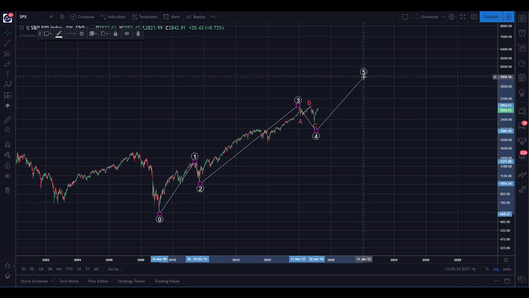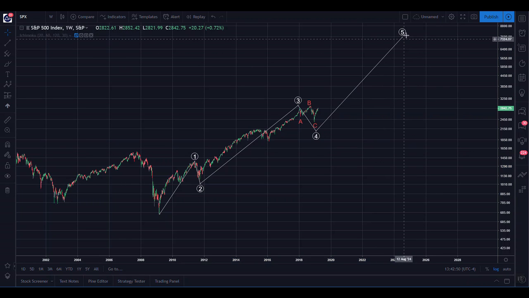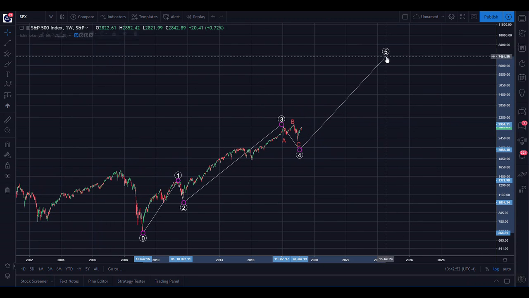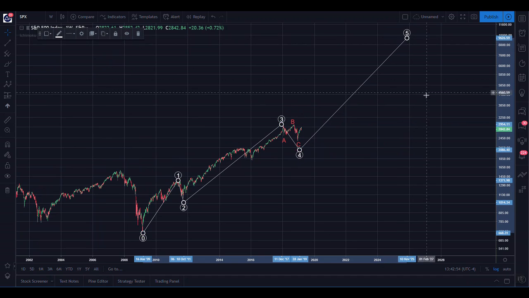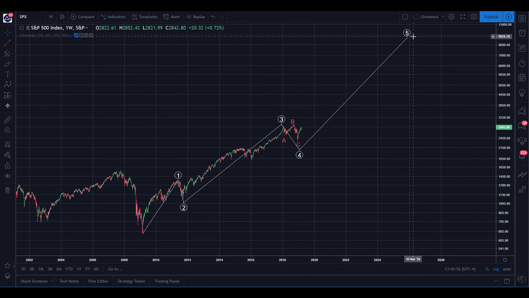When wave 3 is extended, 1 and 5 usually tend toward equality. So that's when the 3350, 3500, maybe 4000 will come into play. But I'm going to extend this to 7600. We're going to get an extended 5th. Maybe it'll extend to 8,000 or 10,000. Okay? Maybe into 2026. Now, that would be beautiful for the bulls to hold on.